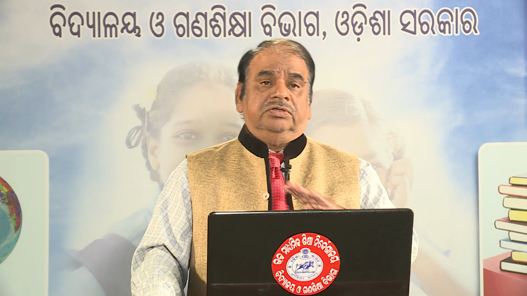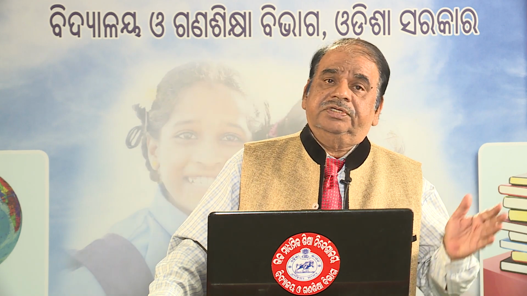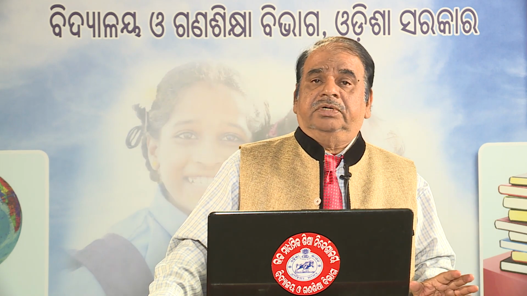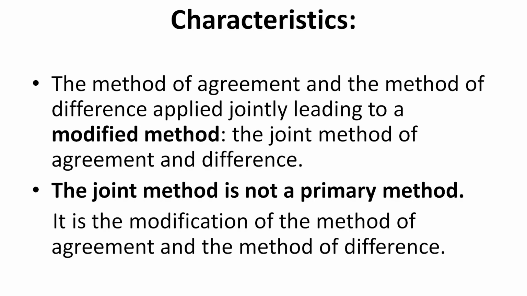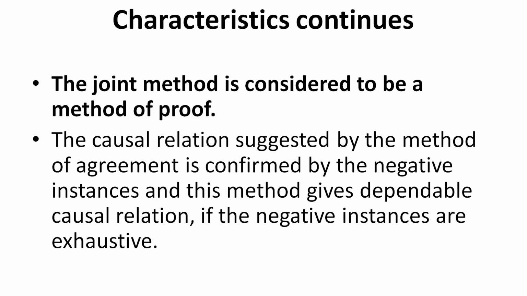So, it is not a primary method, it is a modified method, and the modification has been done with respect to the method of agreement and difference. So the second characteristic is that the joint method is not a primary method; it is a modification of the method of agreement and the method of difference.